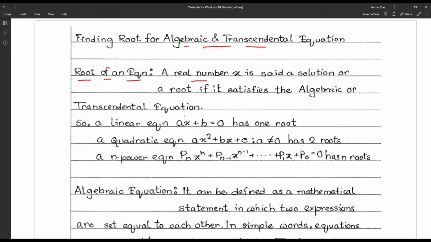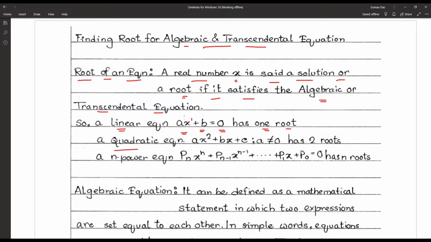A real number x is said to be a solution or a root if it satisfies the algebraic or the transcendental equation. So a linear equation ax plus b is equal to 0 has one root because the variable x has the power only 1.